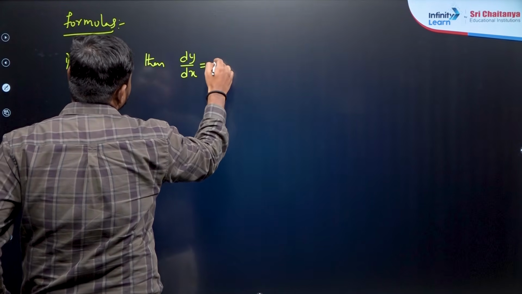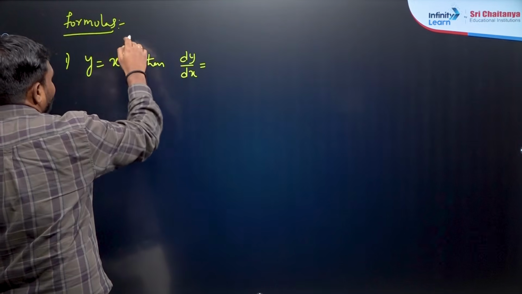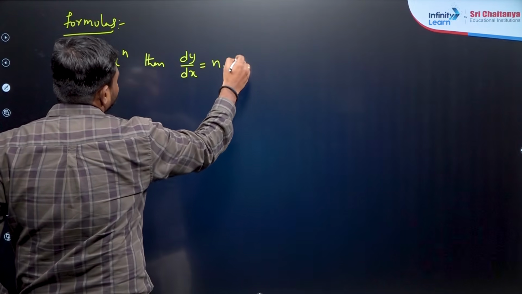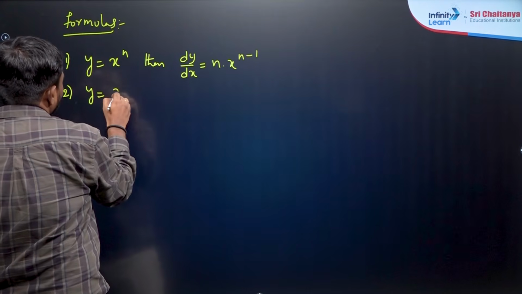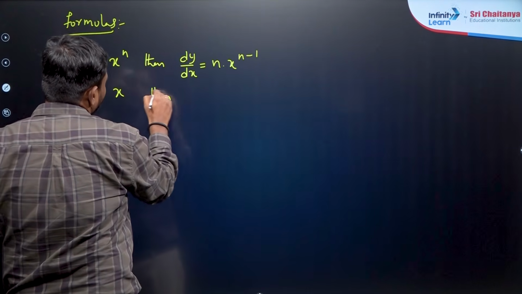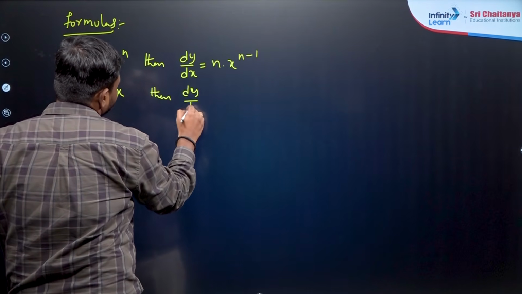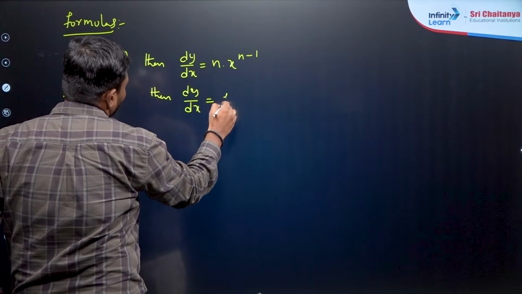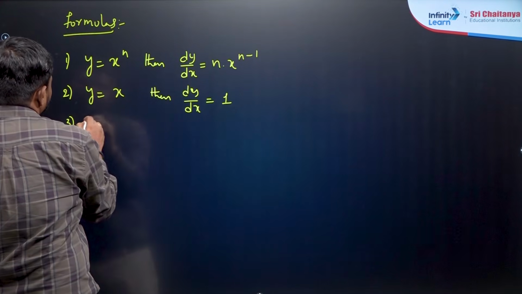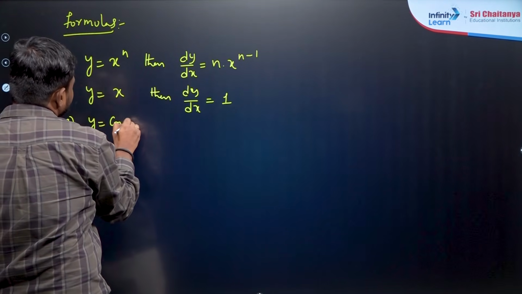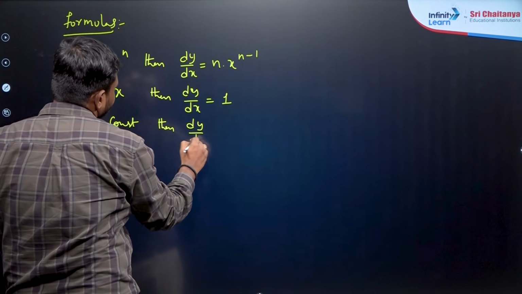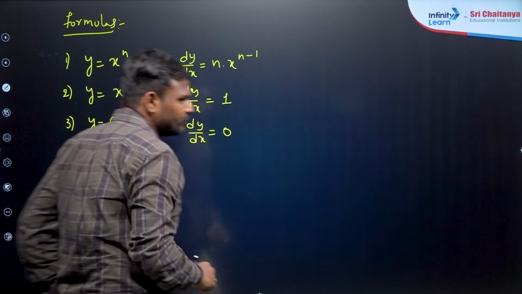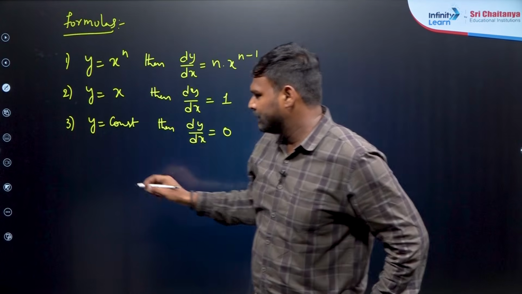So try to understand. x power n, multiply the power, subtract 1 from the power. Next, y is equal to x. What is the derivative? Derivative is 1. Next, y is equal to constant, then the derivative is what? 0. Yes or no?